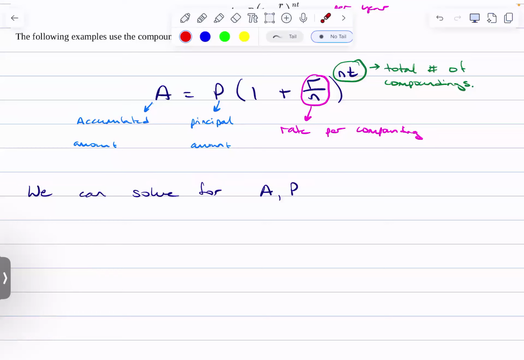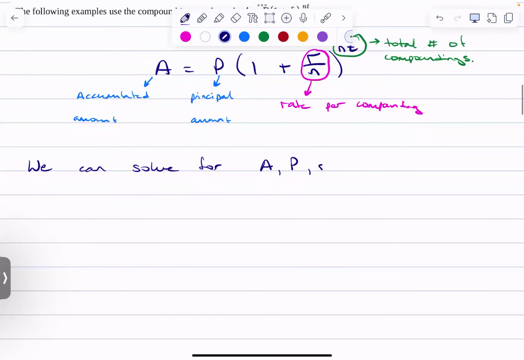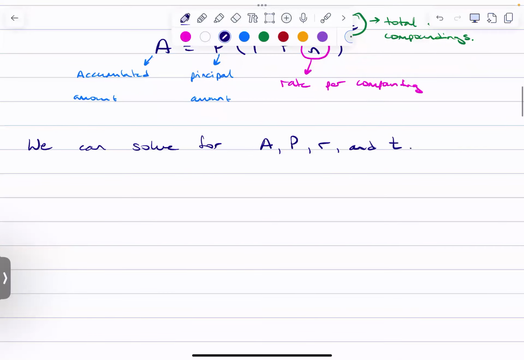It's really hard to solve problems where you have to solve for N. But we can solve for A, P, R, and T. Notice N will be given.